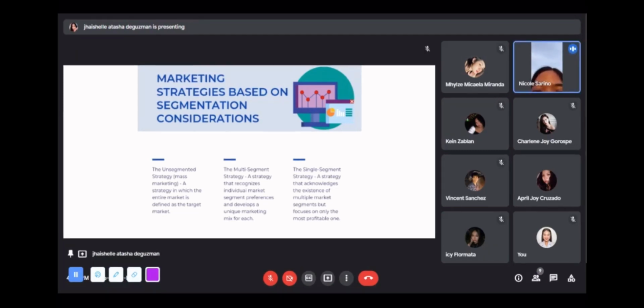Marketing strategies based on segmentation considerations. The unsegmented strategy, mass marketing: a strategy in which the entire market is defined as the target market. The multi-segment strategy: a strategy that recognizes individual market segment preferences and develops a unique marketing mix for each.